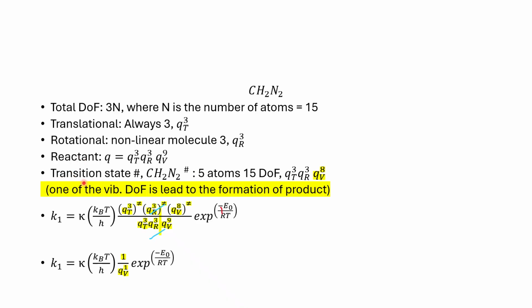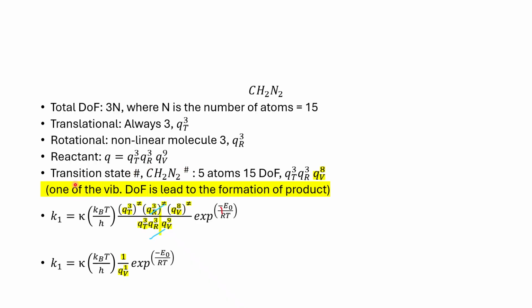For vibrational, it equals 15 minus 3 minus 3, and the balance is 9. So for the reactant, the partition function is given by these expressions: Qt3, Qr3, and Qv9 for each of the motions.